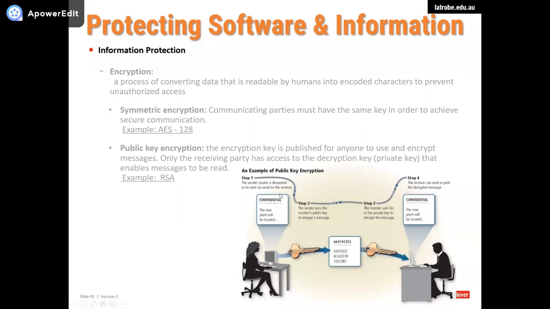Then this encrypted message is sent to the receiver. In step three, the receiver uses his private key to decrypt this message. Because this is a private key, only the receiver has this key. In step four, the receiver can read or print the decrypted message. So the confidential message can be shown again.